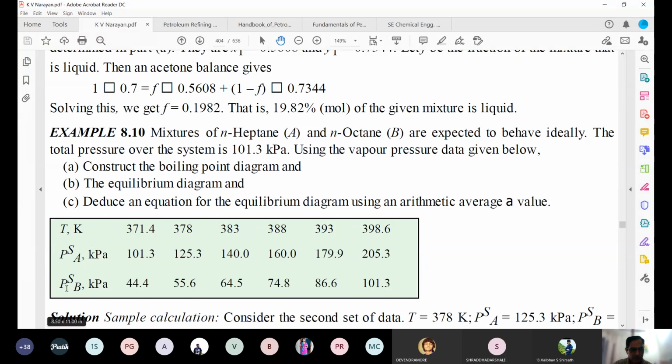Similarly, if I look at PBS, vapor pressure of octane, 101.3 kilopascal vapor pressure is at 398.6. That means that is the boiling point of octane. ये आपको रीड करते आना चाहिए.